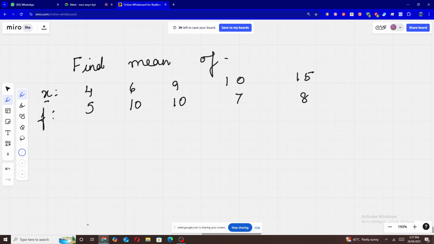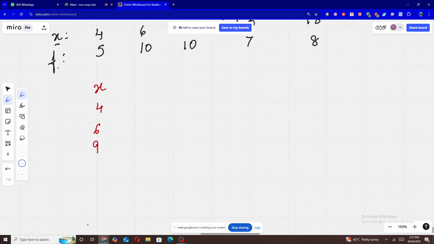This is F and this is X. Always make a vertical table. So X is 4, 6, 9, 10, 15. And then comes the next column, F. F is 5, 10, 10, 7 and 8.